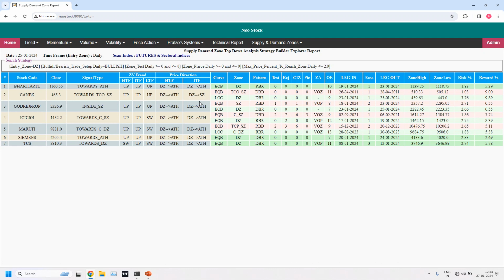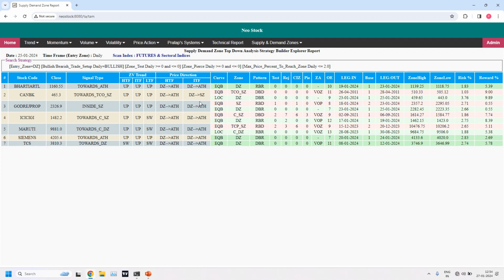By the time prices reach the demand zone, say here our LTF zone is daily. Our daily demand zone might have confluence with the weekly demand zone. That is the ITF time frame and ITF price direction. That means the daily zone is inside the weekly.